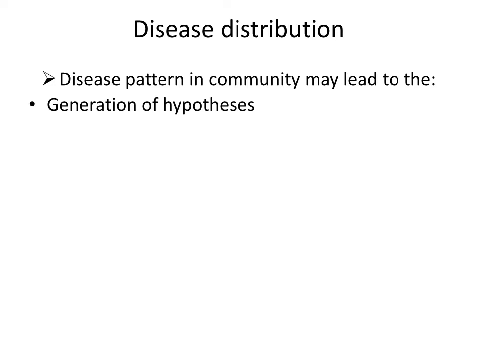Hypothesis means the probable cause or the probable mechanism of development of the disease. As we have discussed, the dissimilarities between the highly affected and the less affected groups or areas may prompt generation of such hypotheses. Of course, these hypotheses need further testing.